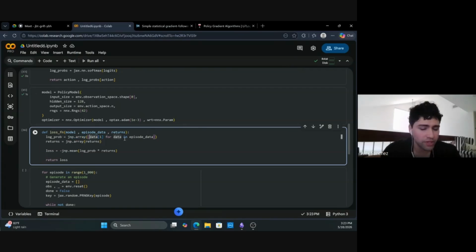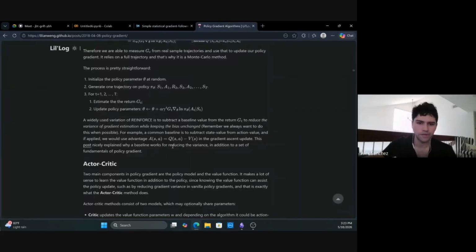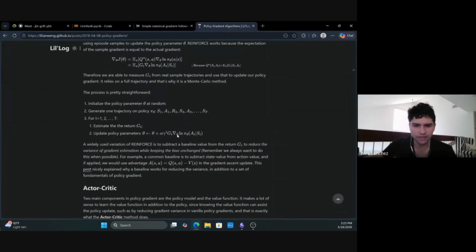And so what we did here, basically, we got all of the log probabilities. We made it into a NumPy array, or a JAX NumPy array. We did the same with the returns. And then we want the average of the returns and the log probabilities. And we will return this loss here. This is the same exact thing as this, right?